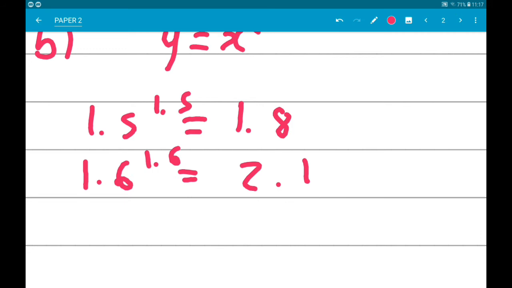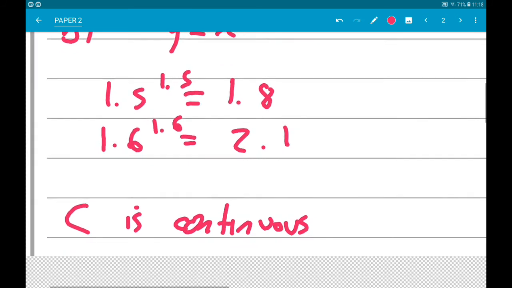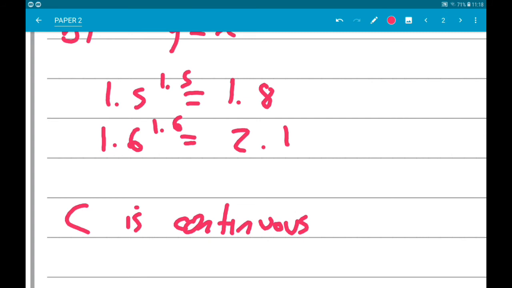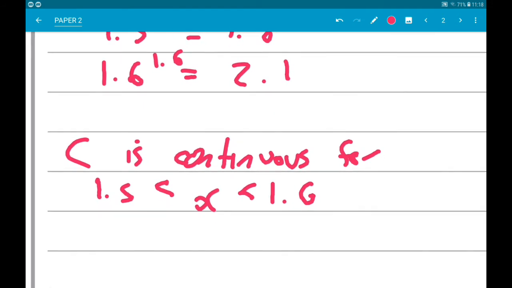So we would say the curve is continuous for x between 1.5 and 1.6 and 2 is greater than 1.8 and less than 2.1.